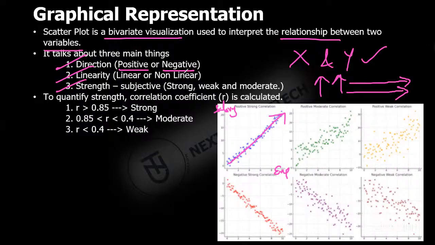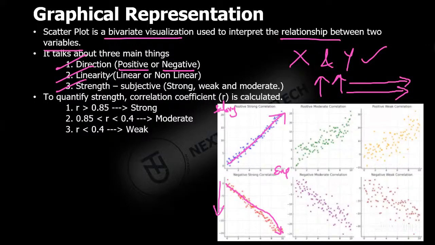In the same way, direction can also be negative, which means as x increases, y decreases. That is nothing but negative direction or downward direction. So scatter plot gives the information about direction.